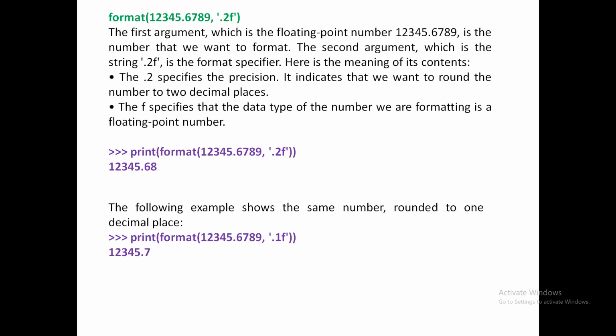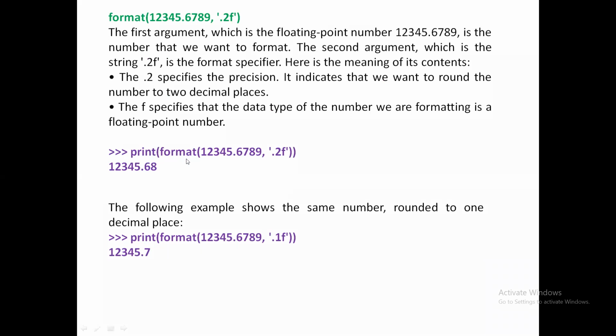Listen carefully. The first thing is, suppose I want to use this second option with the help of this format function. I can use this format function in the print function again.